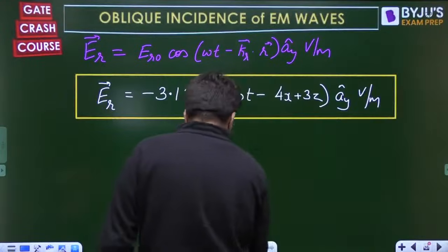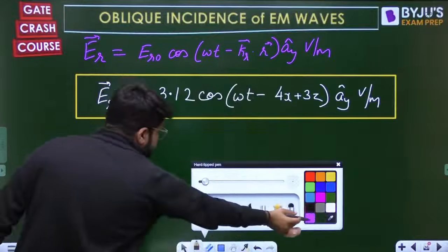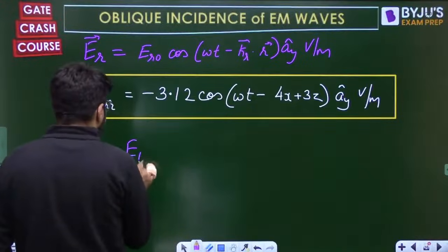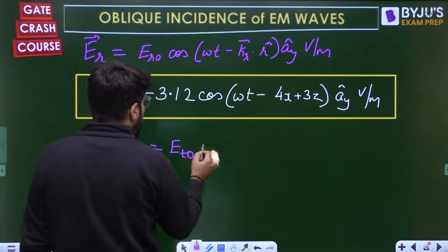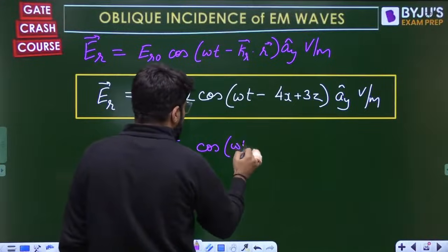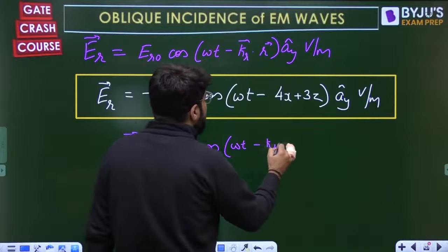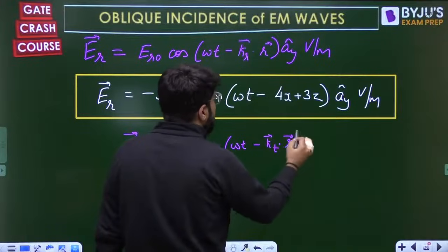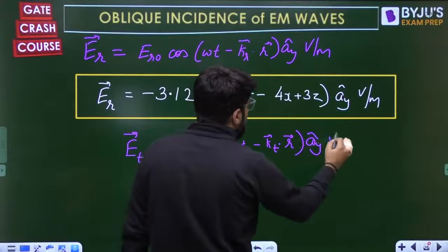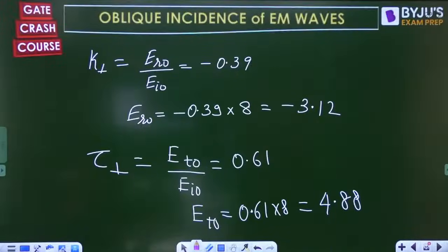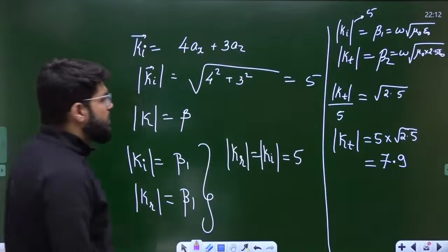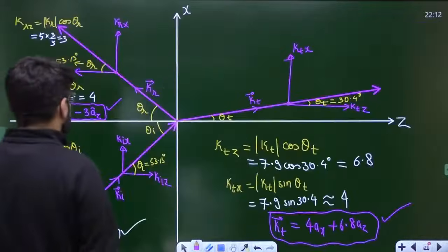Similarly, if I want to write down the ET, ET is given by the formula ET naught cos omega t minus KT dot R AY volts per meter, right? So what is going to be the calculation?